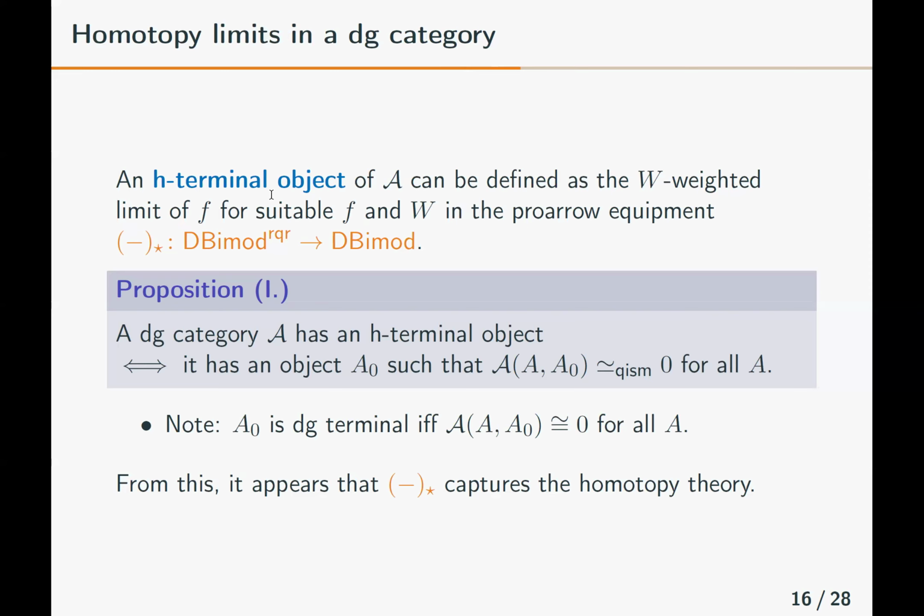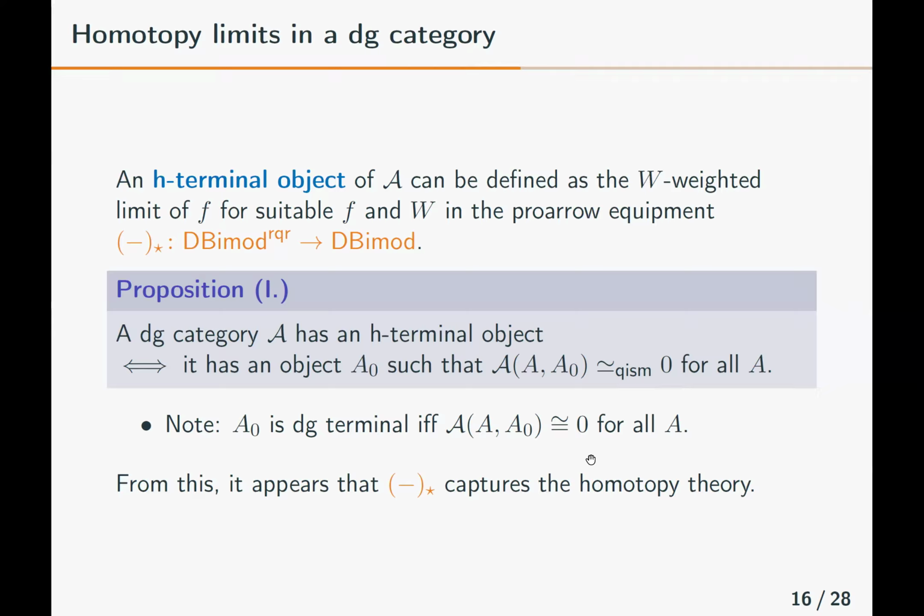But we can check that such an h-terminal object is equivalent to an object A_0 such that for every object A, the complex A(A, A_0) is quasi-isomorphic to 0. Because a DG terminal object is an object such that the hom complex is isomorphic to 0.